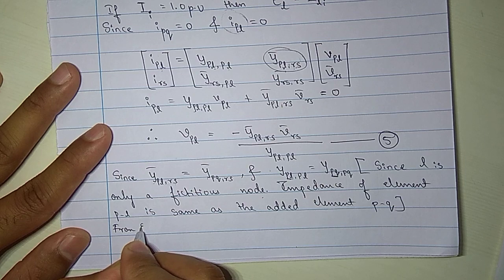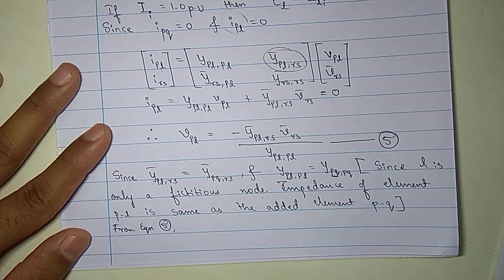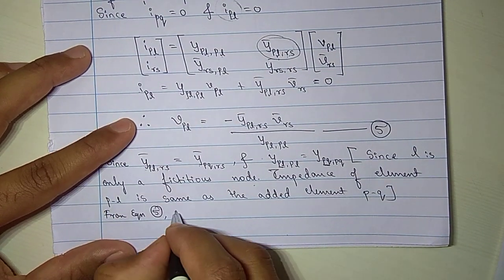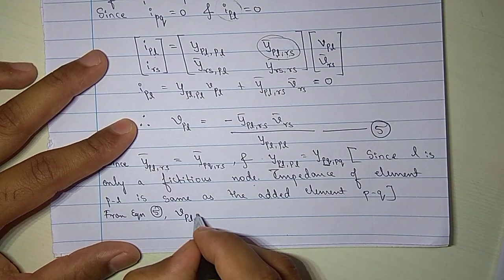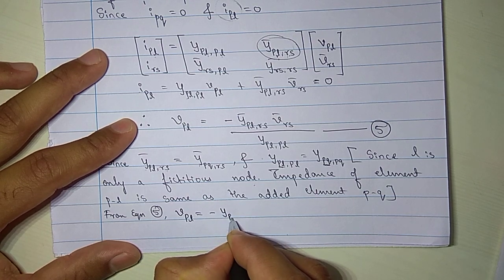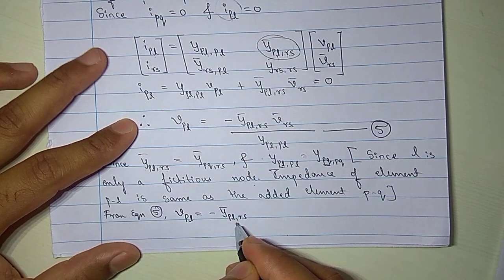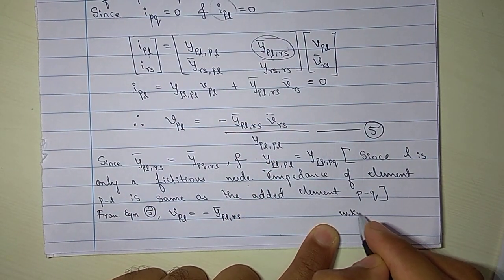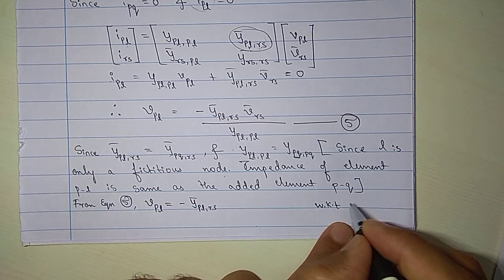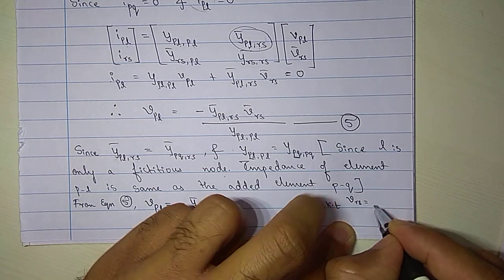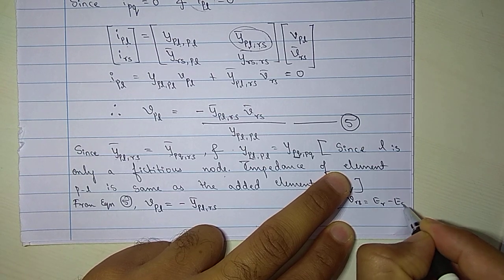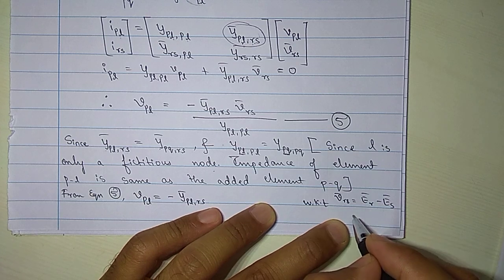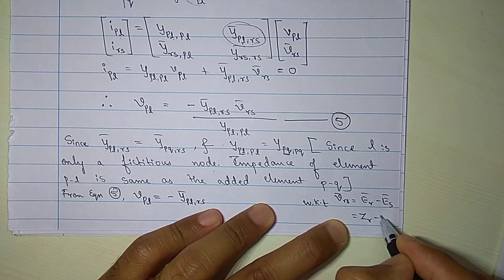Now from the above equation number 5, I'll write VPL as it is, which is equal to minus YPL,RS, this also as it is, times VRS. We know that VRS means it is ER minus ES. This is a vector notation. ER can be replaced by impedance, that is ZR minus ZS.